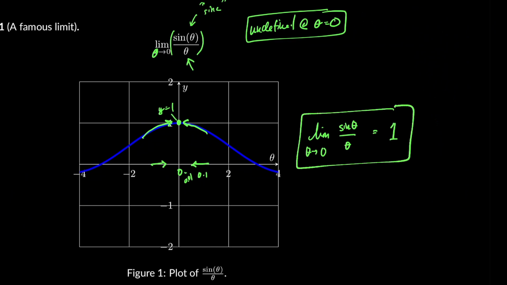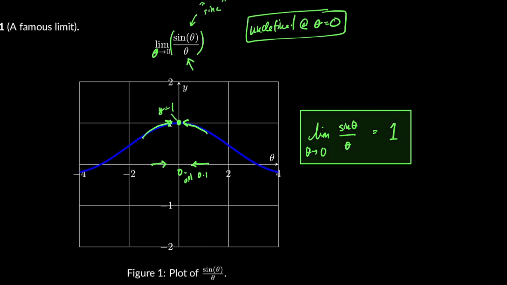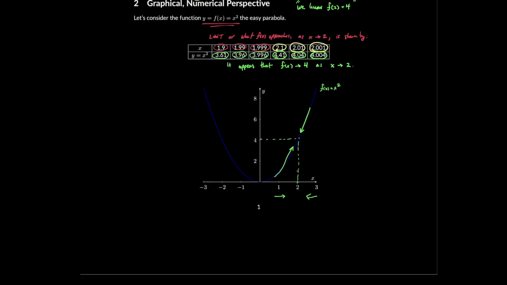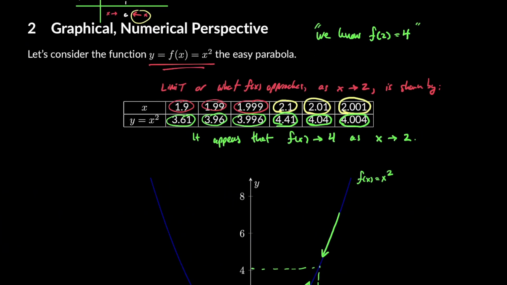All right, and this is an important one to commit to memory, and we know this via the graph and a table, and I'd actually encourage you to do this on a table yourself. You plug this into your Y1 in your TI-84 or whatever device you have, and then let the input values get closer and closer to 0, like we did up here, getting closer and closer to 2.